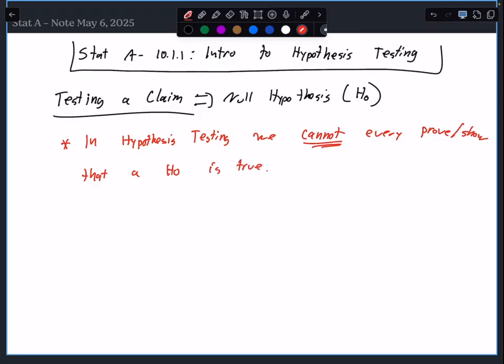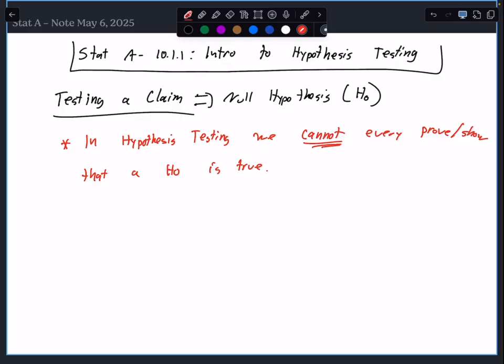So, for example, when someone commits a crime, they go to court, okay? There's a null hypothesis made about the defendant. And what is that null hypothesis about the defendant?